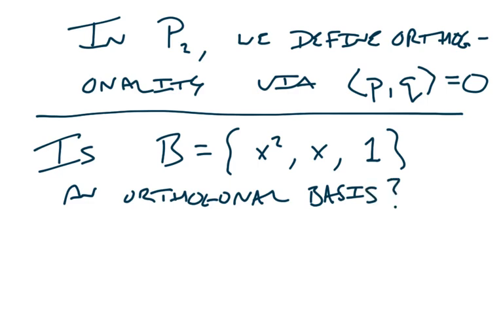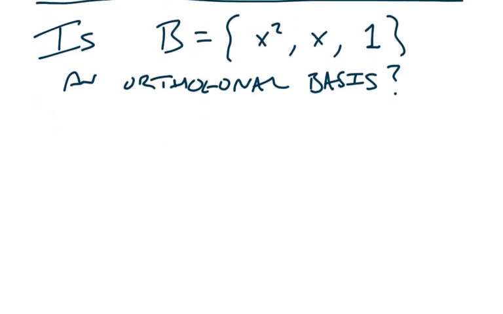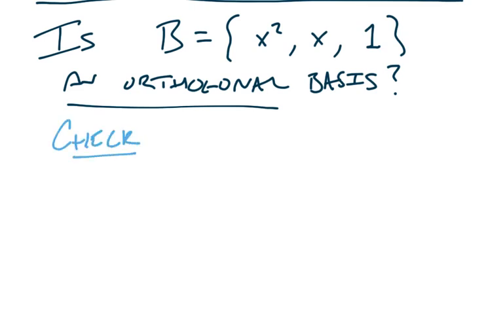Perfectly natural question to ask now that we have all of these ideas under our belts. And so to check this, all we need to do is just start considering their inner products and see if we get 0.